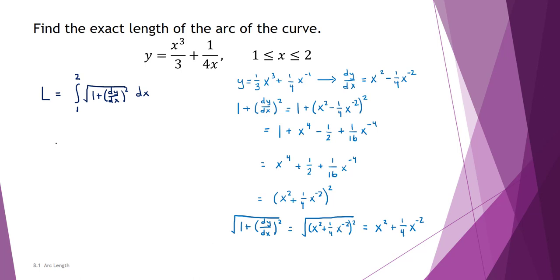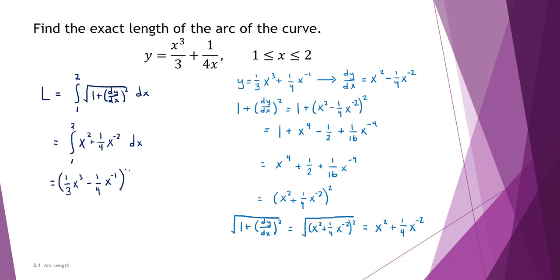Now we can take this expression and substitute into our integral for arc length. We need to integrate from 1 to 2 the expression x squared plus 1/4 x to the negative 2 dx. Finding our antiderivative, we have 1/3 x to the third minus 1/4 x to the negative 1.